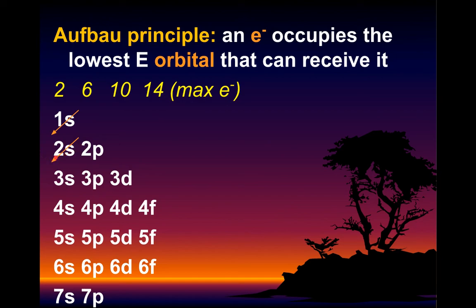Now we go to 2p. 2p is the next, higher energy orbital, I should say. That can hold 6. Once that's full, then we move to 3s, then 3p, then 4s, then 3d, 4p, 5s, 4d, 5p, 6s, 4f, 5d, 6p, 7s, 5f, 6d, 7p, 6f.